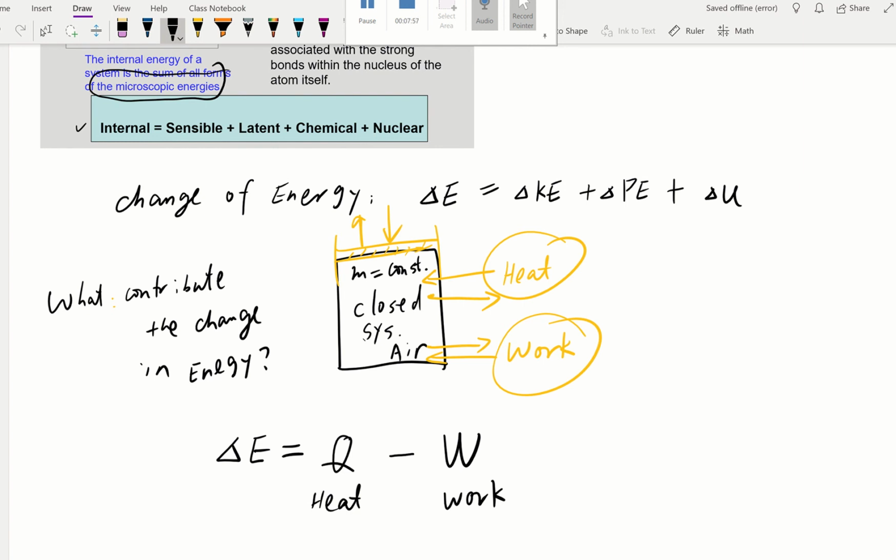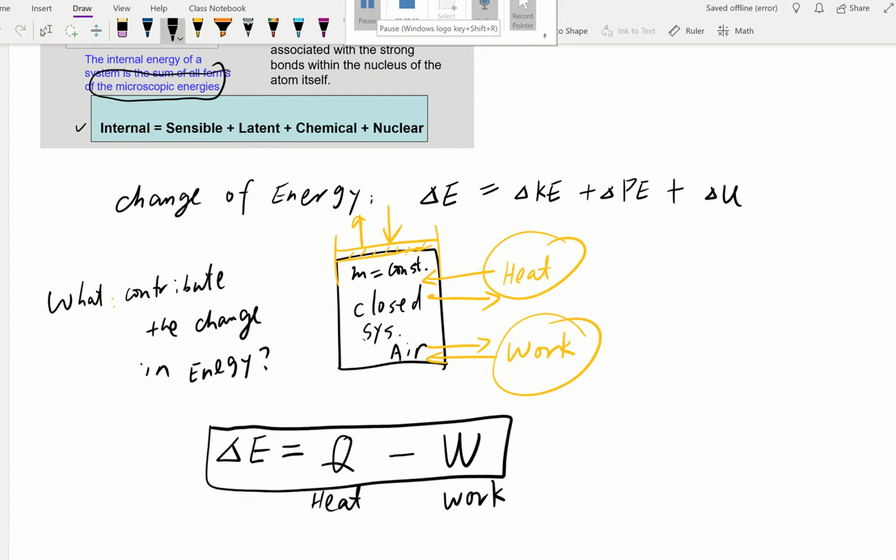Because throughout the textbook, they're all using Q minus W. That's what we're going to use here, just trying to be consistent. So delta E is equal to Q minus W. What that means is heat and work both contribute to the change of the system.